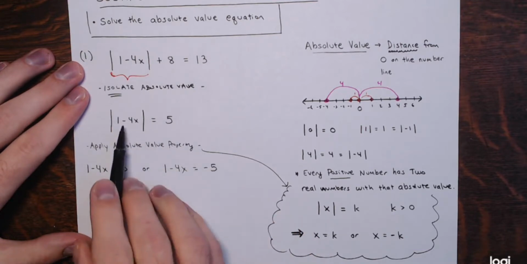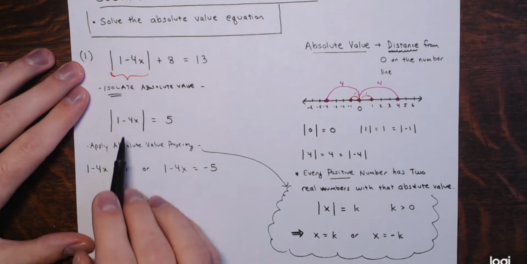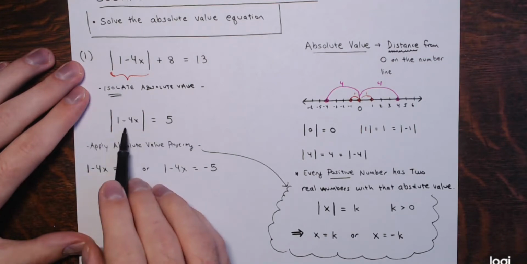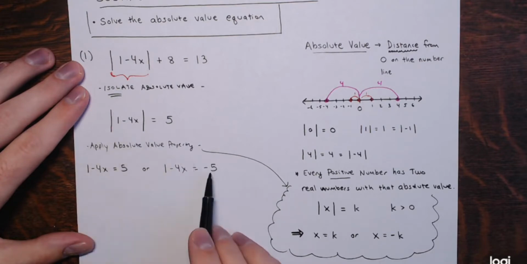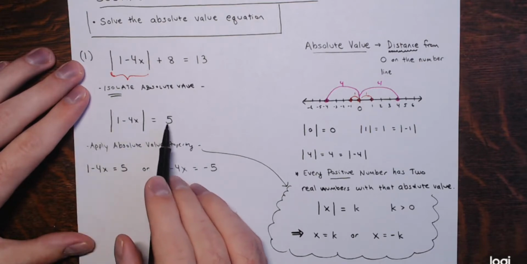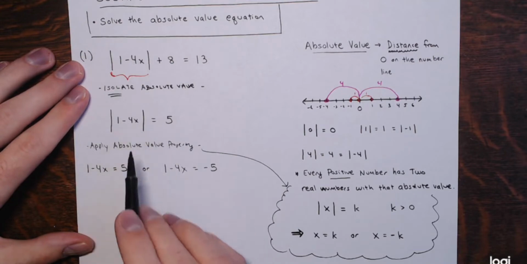If I replace 1 minus 4x with 5, this would be a true statement, absolute value of 5 is 5. If I replaced 1 minus 4x with negative 5, it would also be a true statement. The absolute value of negative 5 is also 5.